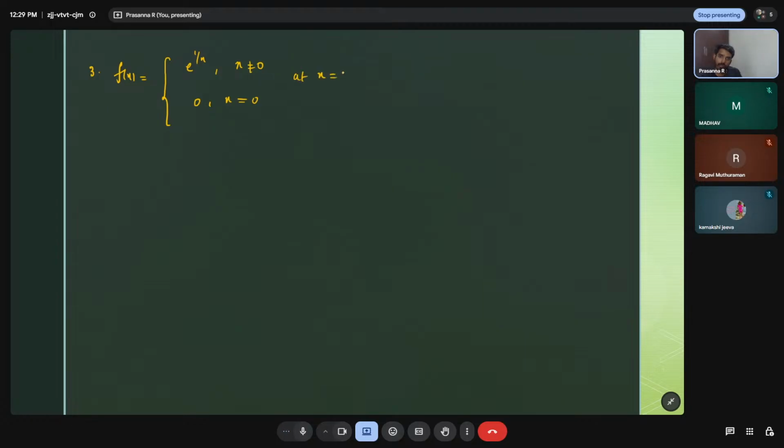So you check what kind of discontinuity the function has at x equal to 0.